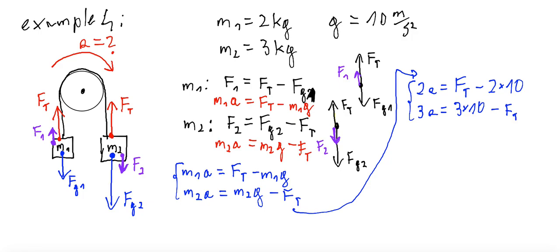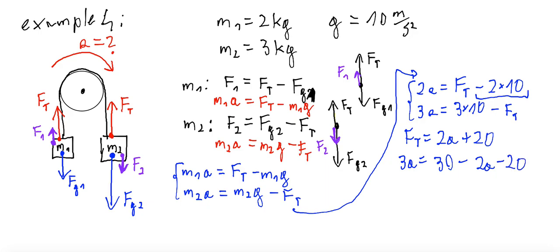So let's solve it. We have Ft from the first, which is equal to 2A plus 20. I move this to the other side and substitute to the second one. So 3a is equal to 30 minus 2a minus 20, because Ft is 2a plus 20, so minus Ft will be minus 2a minus 20.